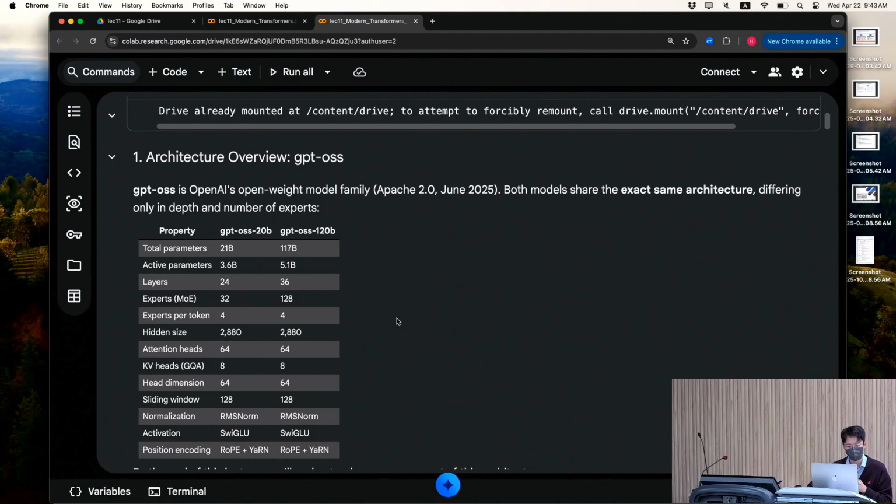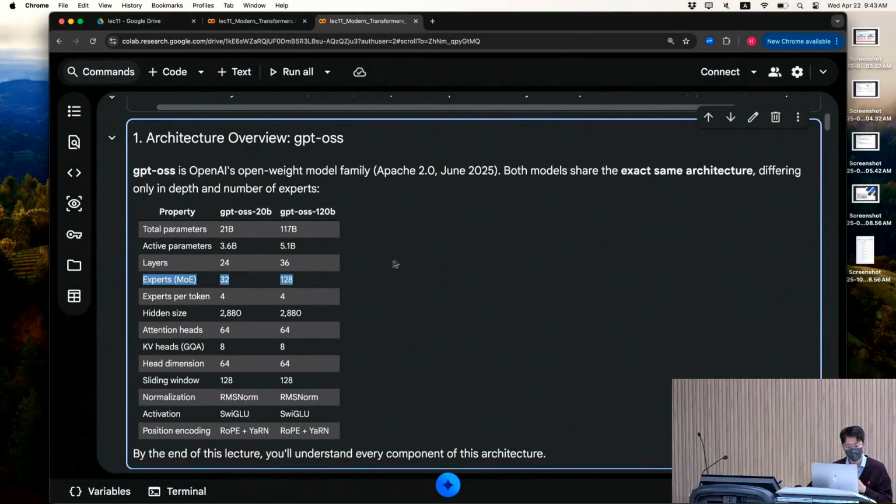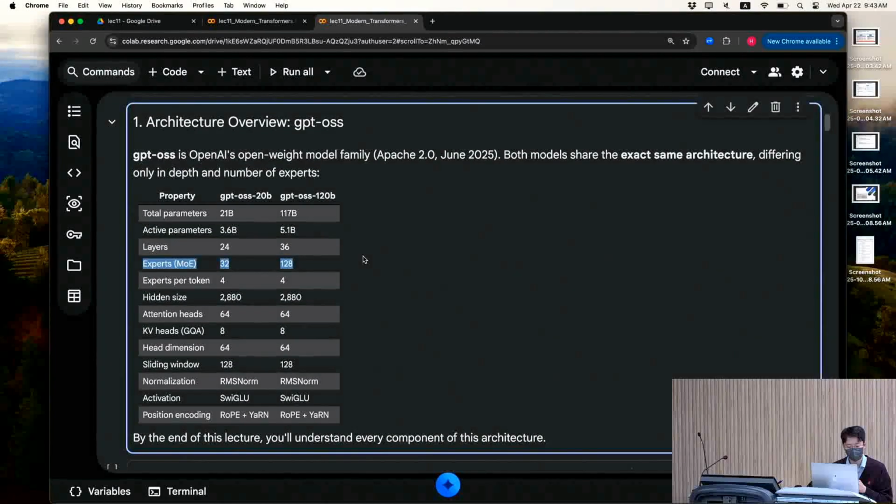Notably, the MoE part was a lot larger, with a lot more parameters. If you compare the 20 billion model with the 120 billion model, almost all components were the same, except the number of layers and number of experts in MoE.